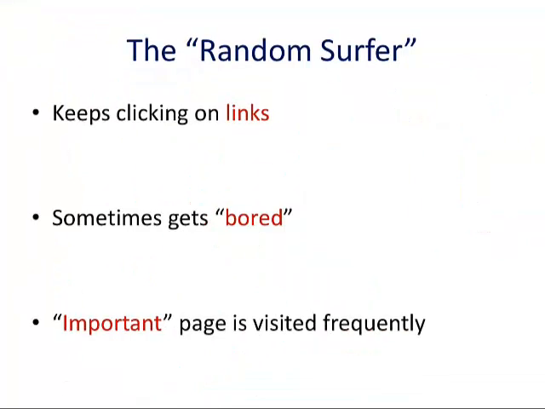So the way Google thought of this at first was in terms of a random surfer. So what do we mean by a random surfer? Well, suppose you're sitting at your computer and you start on some web page.